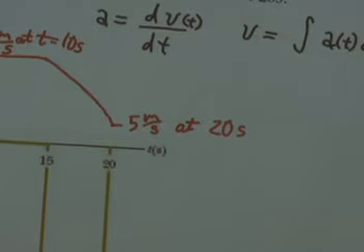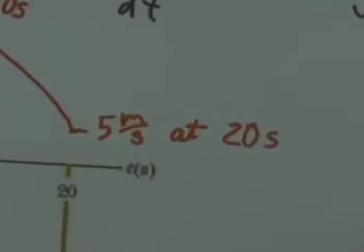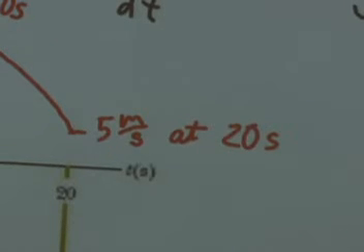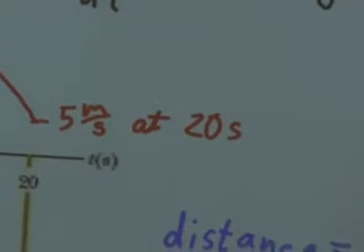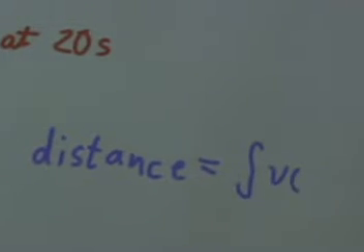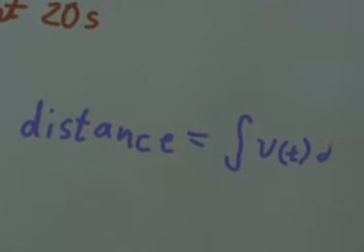We also need to know the distance traveled in the first 20 seconds. Okay, so notice that this shape we have here, what you need to realize is that distance is equal to the integral of velocity with respect to time, dt.